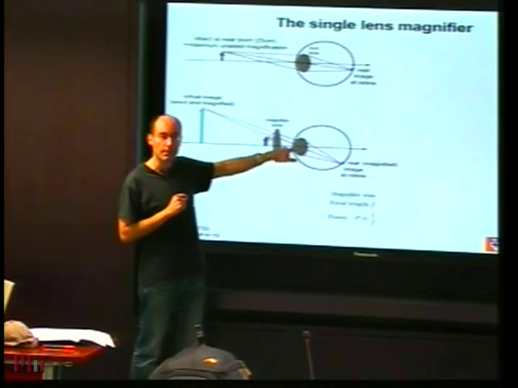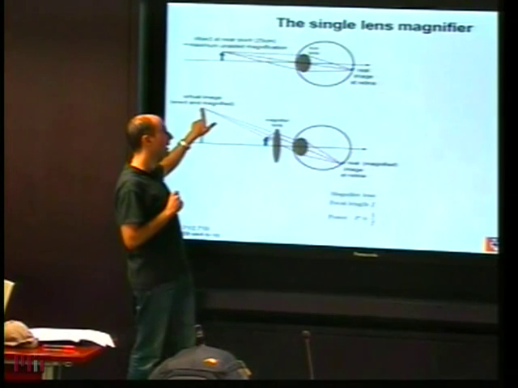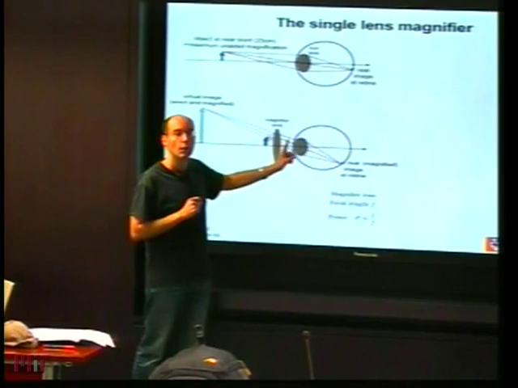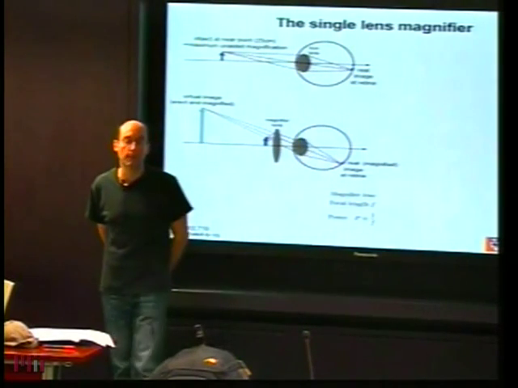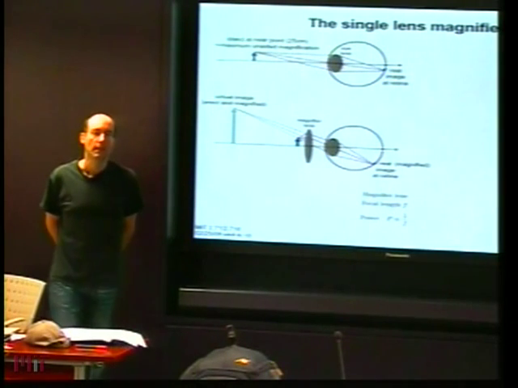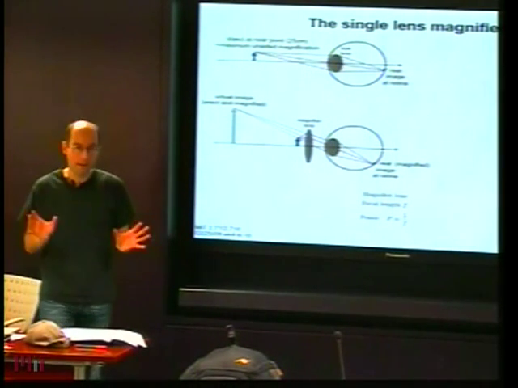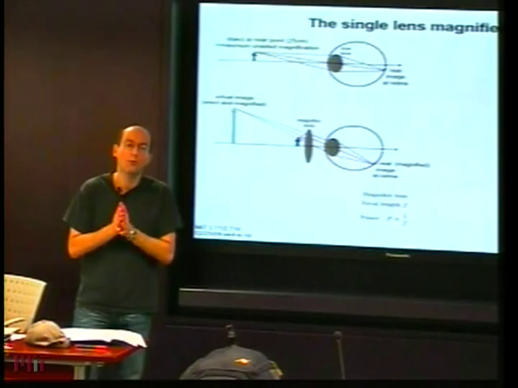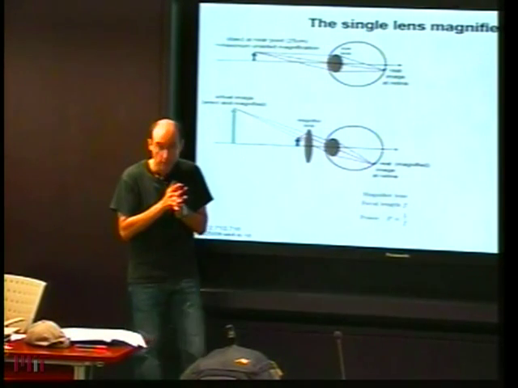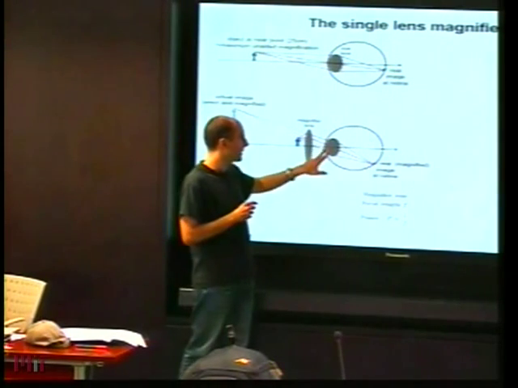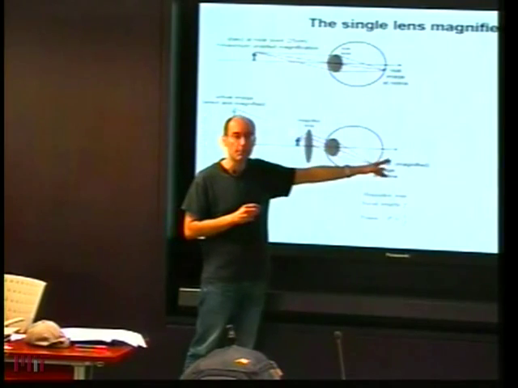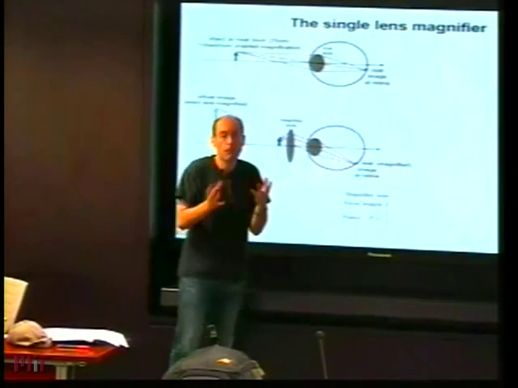The eye images this object, and because this object has been magnified relative to the actual object, you end up observing a magnified image. So this is the significance of virtual images. By themselves, they don't mean anything. But because at the end of an optical system you always have the observer's eye lens and the retina, the virtual image ends up becoming a real image, hopefully on the retina.